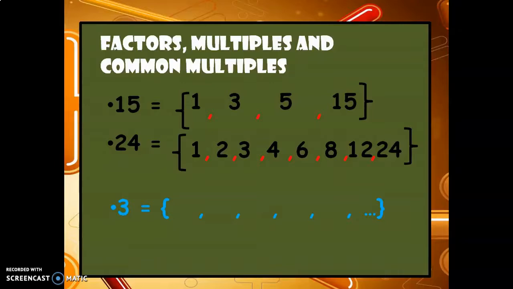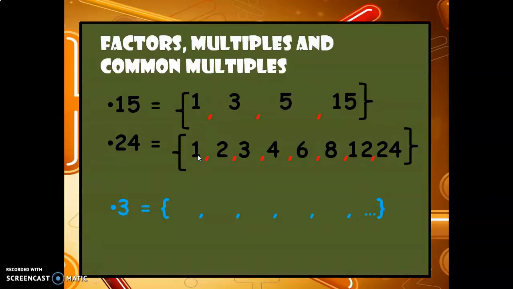So the complete factors of 24 are 1, 2, 3, 4, 6, 8, 12, and 24. As you notice, 1 is always a factor of any number.